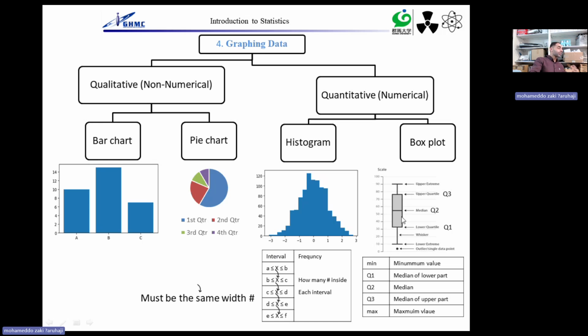But now, for my data set, I will need first to find the median. If I find the median, I can divide my values into upper part and lower part. But if the highest is the max value and the lowest is the minimum value, why have values out of the range? I tell you now. When I divide the upper part, I divide from here all the way to my range.